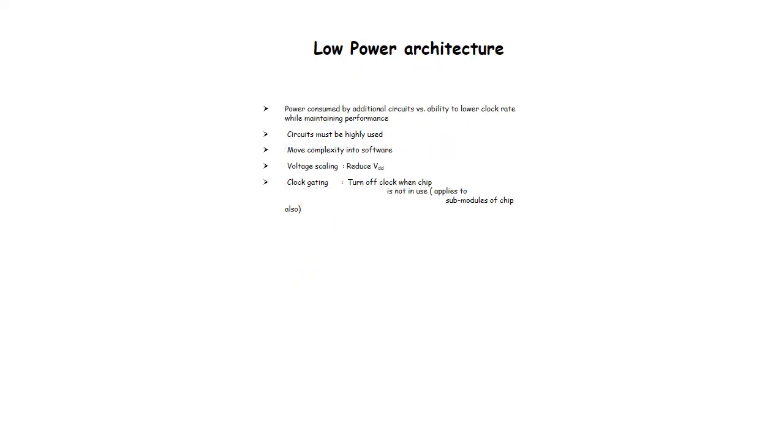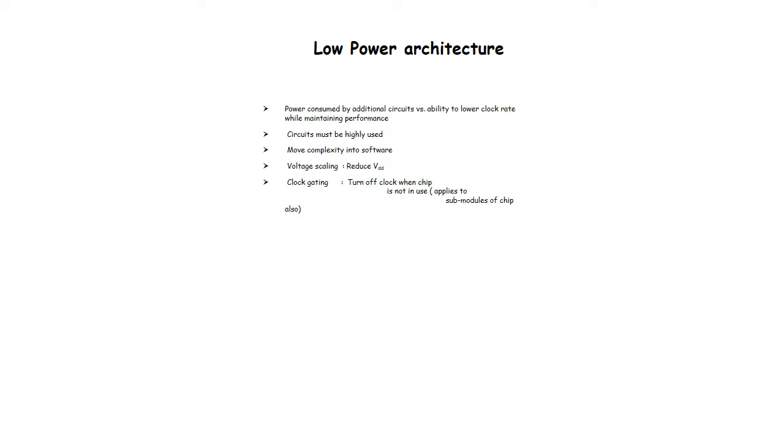Next, low power architecture. That is the power consumed by the additional circuits versus the ability to lower the clock rate while maintaining the performance. The circuits must be highly used. It should move complexity into the software processor.